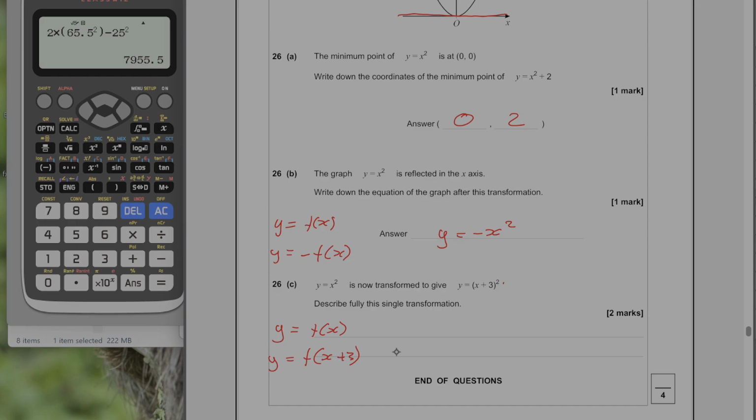So we are looking at a translation of minus 3, 0.